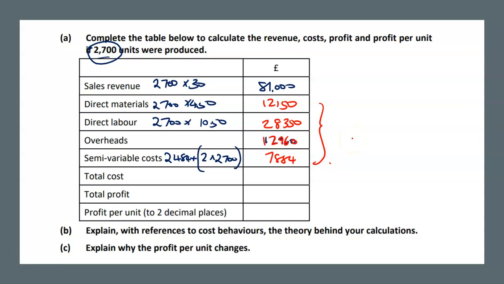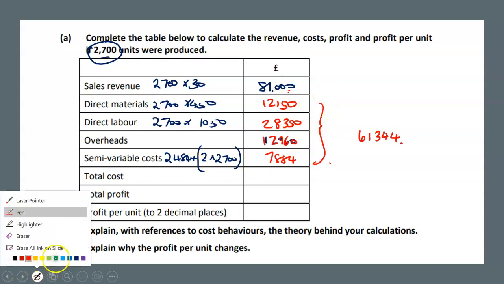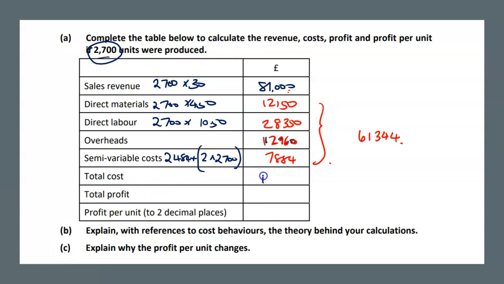So what do I have? 12,150 plus 28,350 plus 12,960 plus 7,884. I'm just showing you what this total cost looks like. And then I take that away from 81,000. And I get 19,656. Right? Oh, sorry, forgive me. What am I doing there? 19,656.